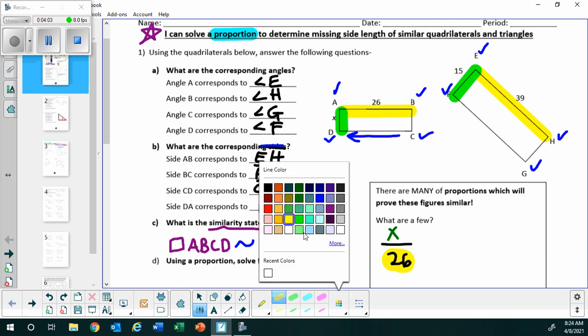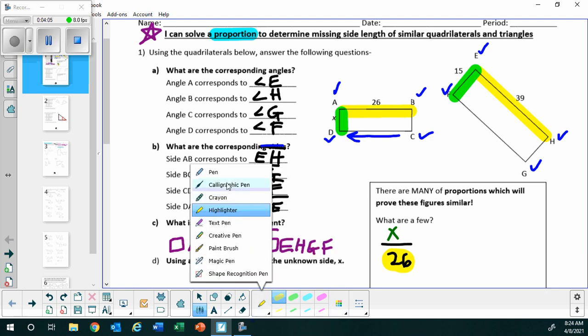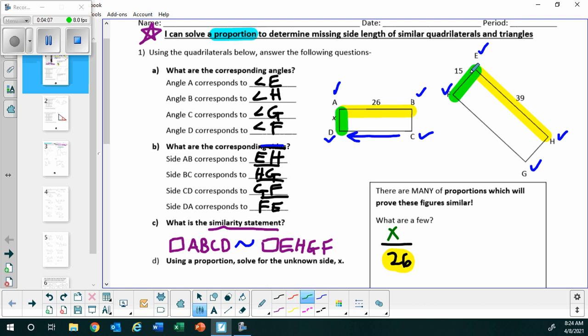So then another option would be to compare the green side to the yellow side for the next shape. So the green side here is a 15, and its yellow side is a 39. So some people see the shapes that way, okay? They see color to color within one shape. And this is a possible proportion that we can solve to figure out what X is, all right?